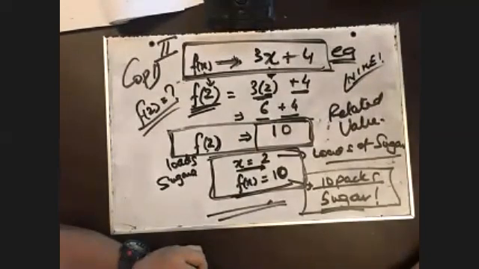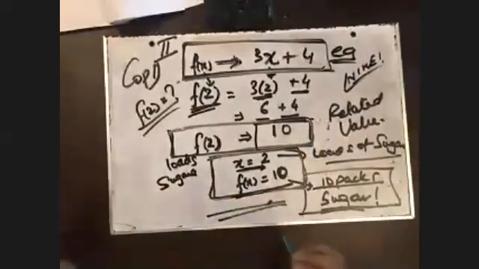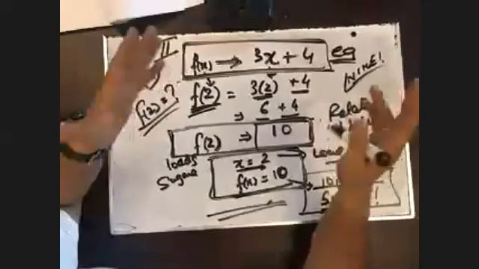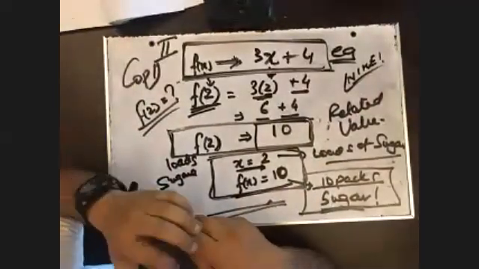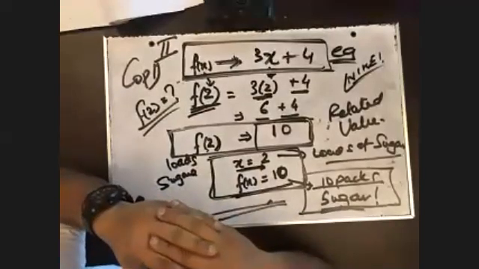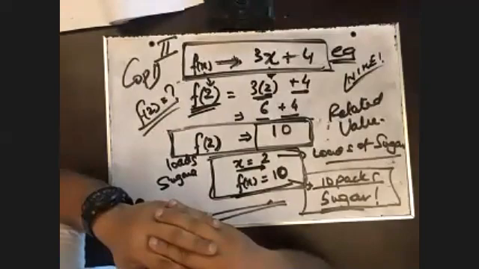Sir, I have a question. Yes. I understood the equation, but I didn't understand what is the related value. Is 10 the related value? Related value means basically when Nadalia was 3 years old, she could eat 3 ice creams.